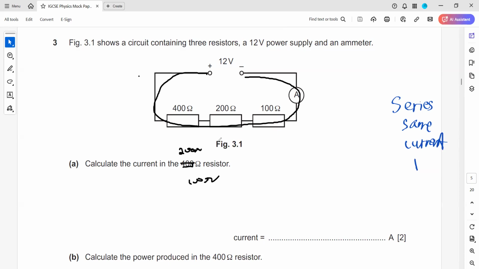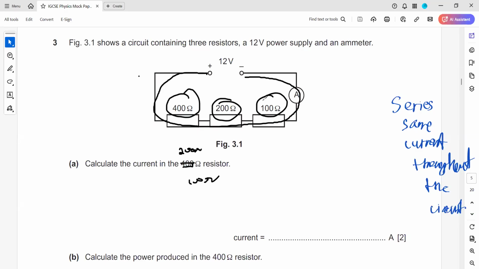So it is irrespective. First what I have to do is find the total resistance of the circuit, as they're connected in series. So 400 plus 200 plus 100. So the total resistance will be 700 ohm. That's the combined resistance. And I have the voltage 12. So I'll use the formula V equals IR. V is the total voltage, which is 12. I is the current and R is the total resistance, that is 700.